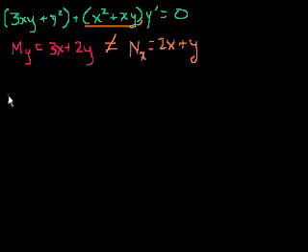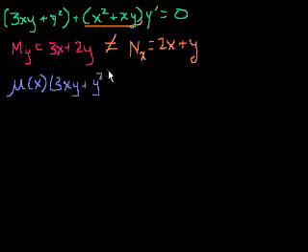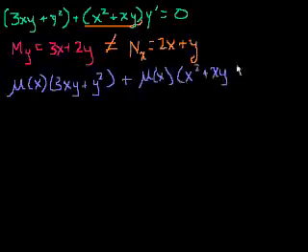So let's say that mu is a function of x, and I'm going to multiply both sides of this equation by it. So I get mu of x times (3xy plus y squared) plus mu of x times (x squared plus xy) times y prime.